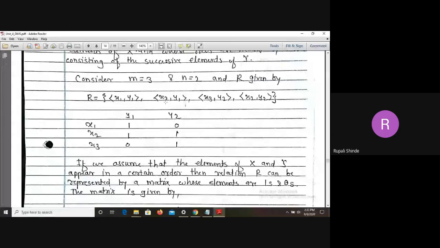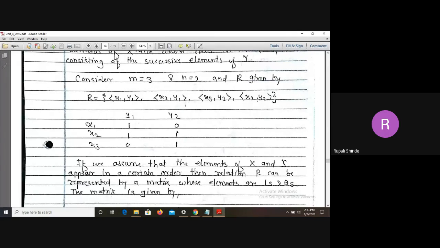Now the next element is x2 comma y1. x2 is the row, y1 is the column. That element is present, so again we write 1 here. Next element is x3 comma y2. x3 is the row, y2 is the column, so again we write 1.